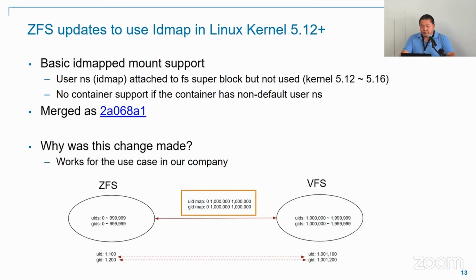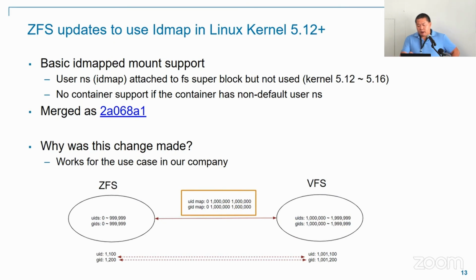Here's an example of the ID mapping. Suppose we have a mapping of 0, 1 million, 1 million. What does this mean? You map the IDs in the ZFS namespace, from 0 to 999,999, so 1 million IDs, to another 1 million IDs starting from 1 million to 2 million minus 1.